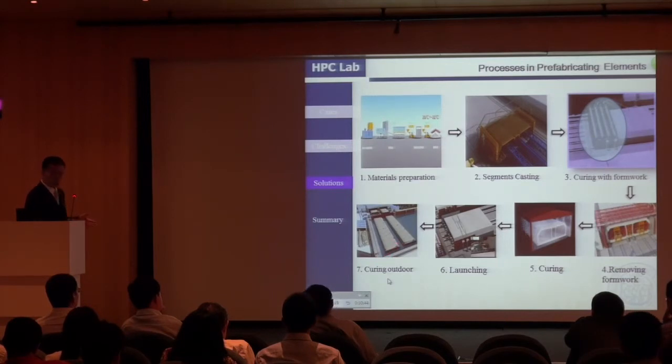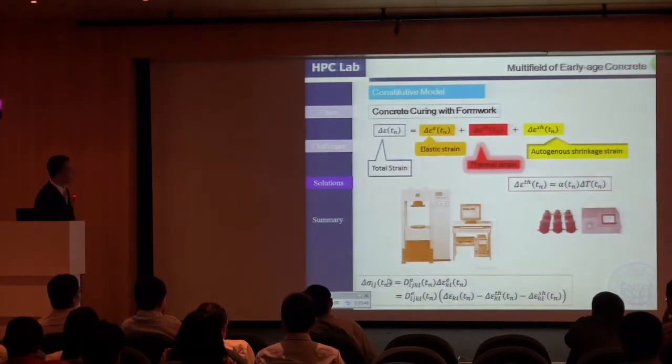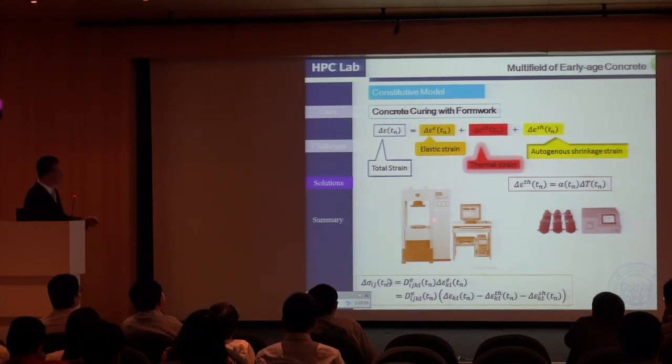So what could we do for this? We can think that the total strain can be measured. In the previous tests, we also measured the elastic parameters, so we can find that.